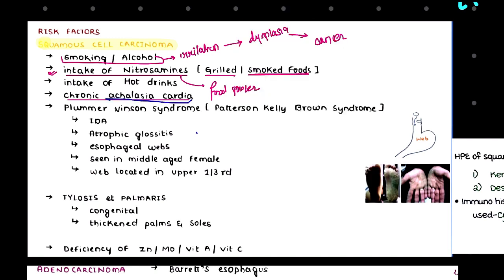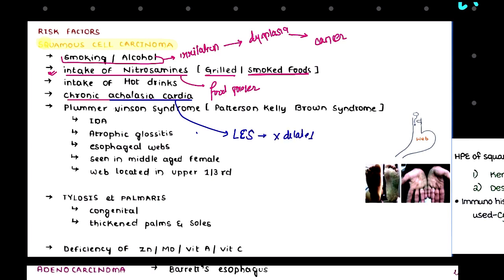What is this achalasia cardia? Achalasia cardia is the condition in which the lower part of the esophagus, the region of the lower esophageal sphincter, will not dilate.